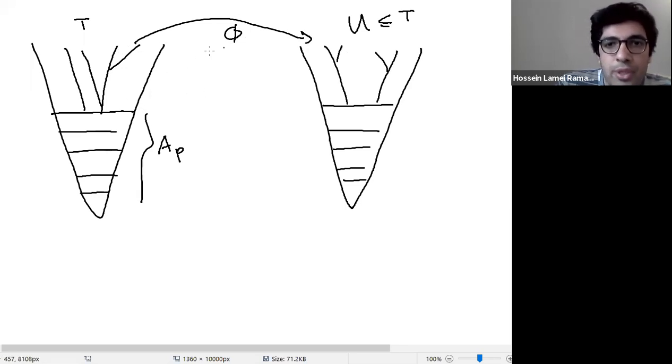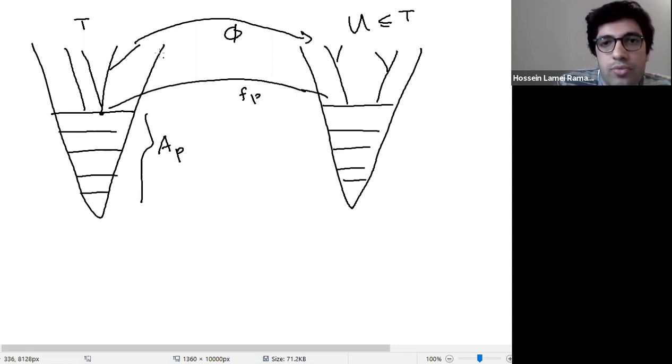It has the property that when you look at the branch and you look at the restriction of that branch at the height of the maximum of A_p, this has to be the same as how F_p is sending this. So for instance, if phi is sending this branch to this branch, then F_p has to send this element to this element.